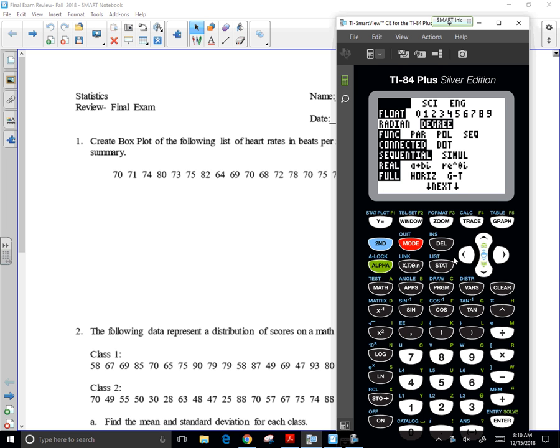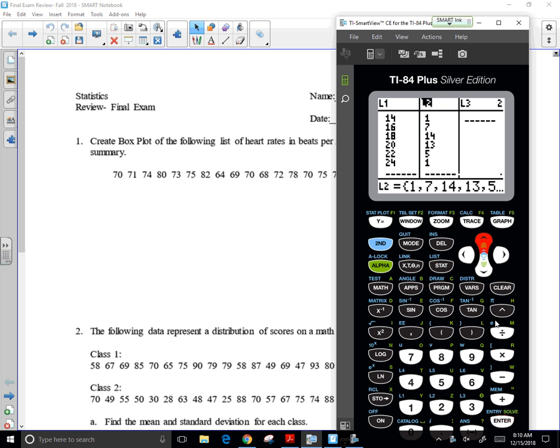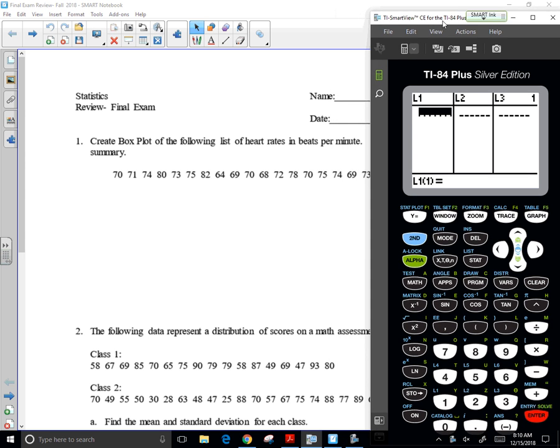So this has the previous settings on it, so let me just adjust real quick. All right, so stat edit. You've got some data in there from like the second week of classes for some reason. It seems to like to hold on to that information. It must have been like a save point or something.